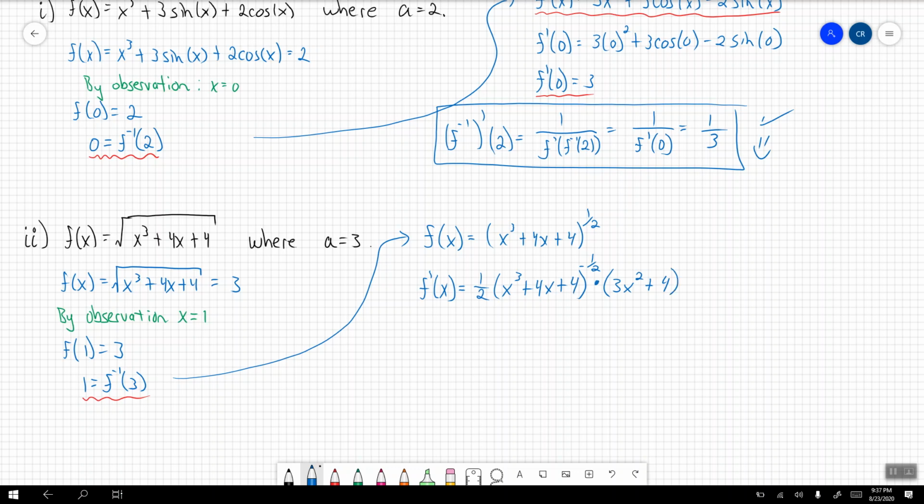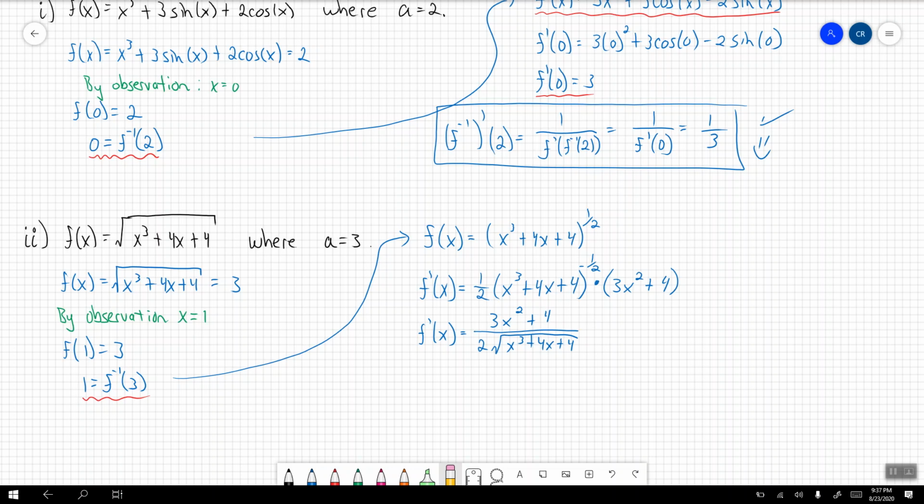Let's rewrite this more cleanly. My numerator is just 3x squared plus 4, and the denominator is 2 times the square root of x cubed plus 4x plus 4.